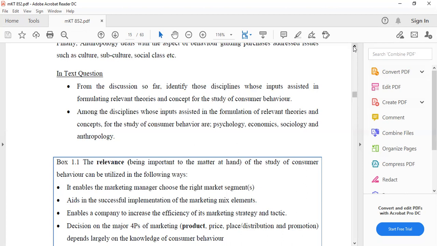Okay. Another one is decision on the major four Ps of marketing. In this context, we are looking at the specific elements of the marketing mix. We are not blending them this time. We are rather looking at each as an individual.